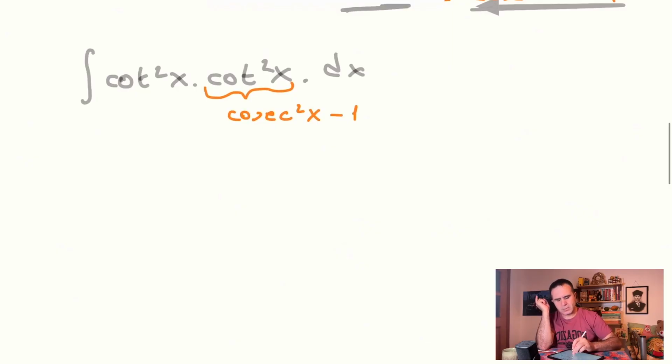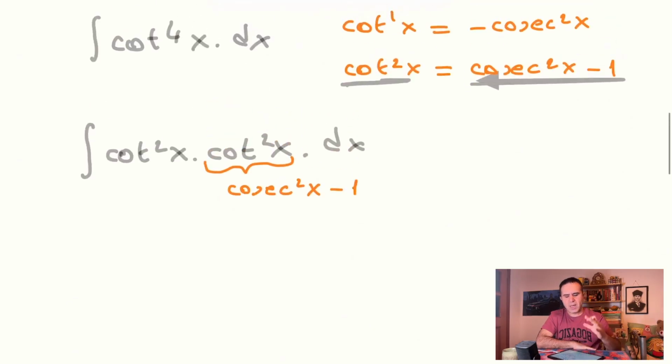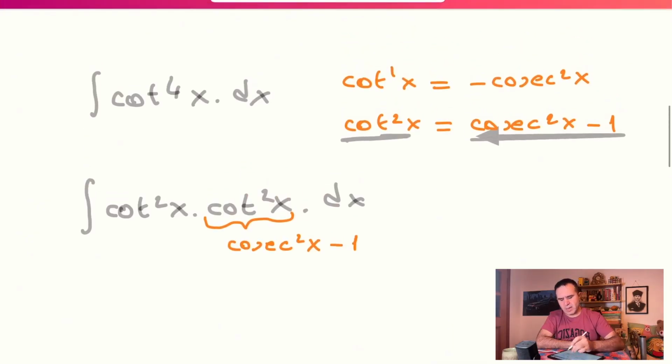Try to understand what I'm talking about here. Every time we have an exponent of cotangent x, we use reduction, and we always use the same methods. Not only for cotangent x, but also for tangent x, we use the same method.